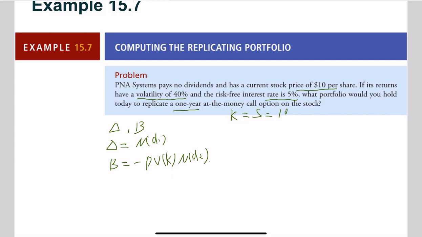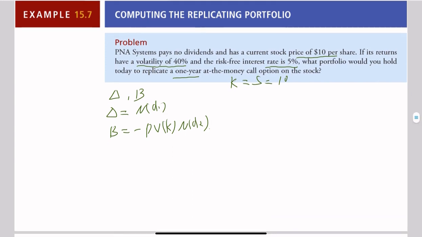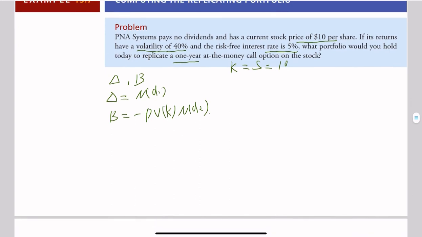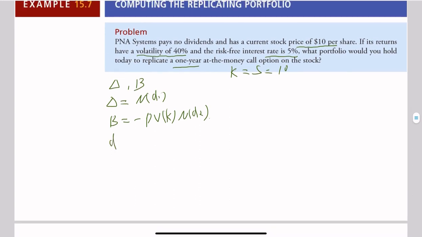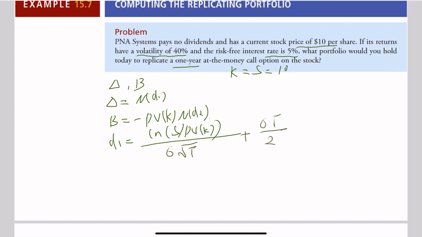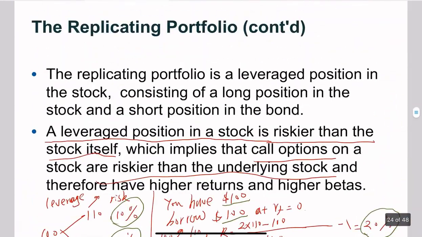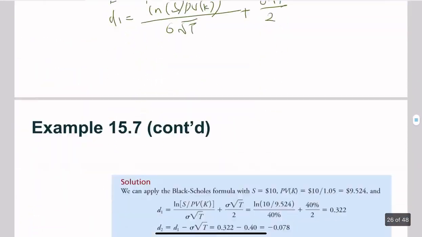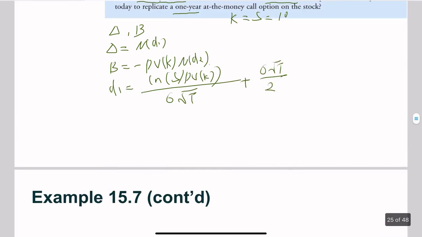So now we have all 5 inputs, so we could finally do the calculation, right? Okay, so let's first calculate D1. So this is logarithm S divided by PVK. I guess it's something like this. I could be wrong, but let me check the formula here. Oh, I'm actually correct.